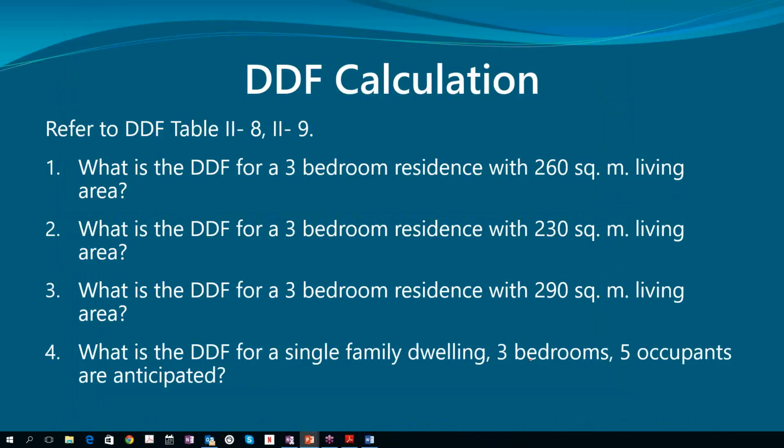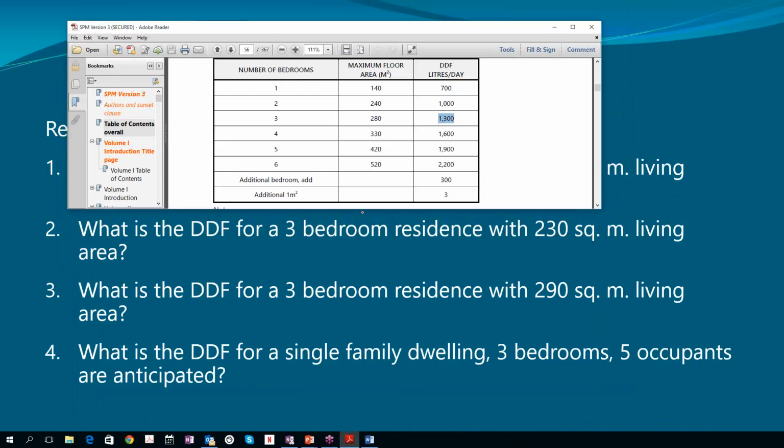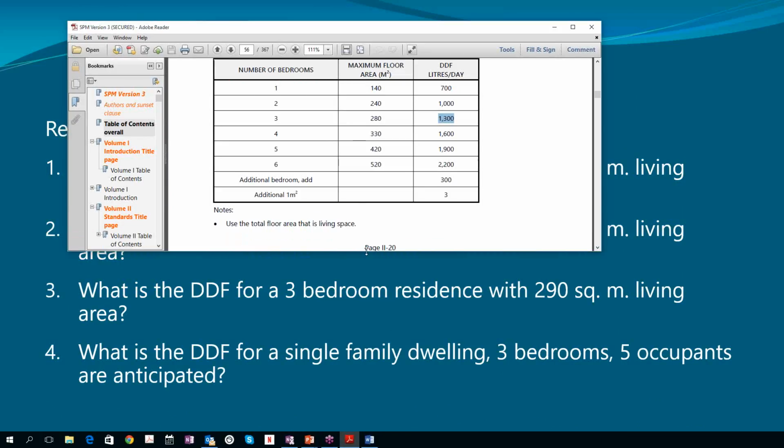Next. 3 bedrooms, 5 occupants are anticipated. In the real world we would have had to know what the anticipated or current occupancy is. But here we go. So 3 bedrooms, 1,300, that's the first half of the 2-pronged approach.